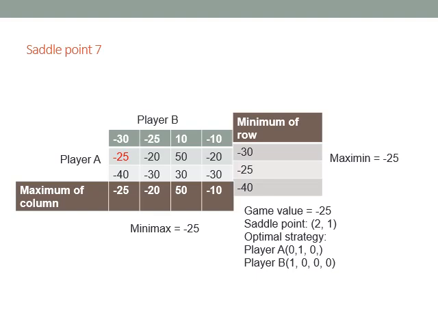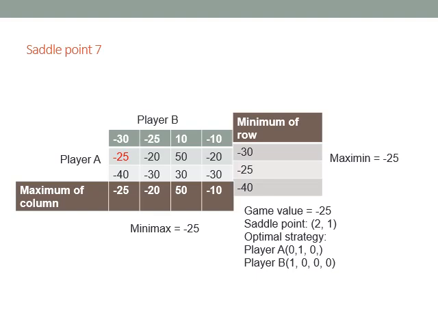The maximum of column shows that the maximum of the first column is negative 25, the maximum of column 2 is negative 20, the maximum of column 3 is 50, and the maximum of column 4 is negative 10. The minimax, the minimum of all of these maxima, is negative 25.